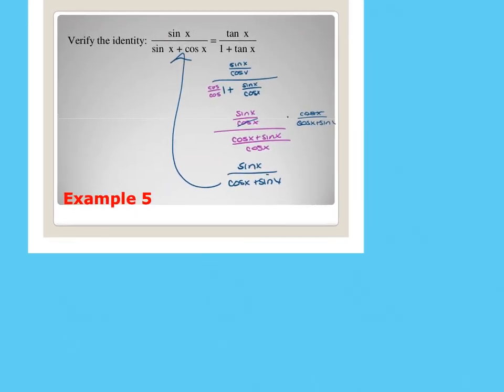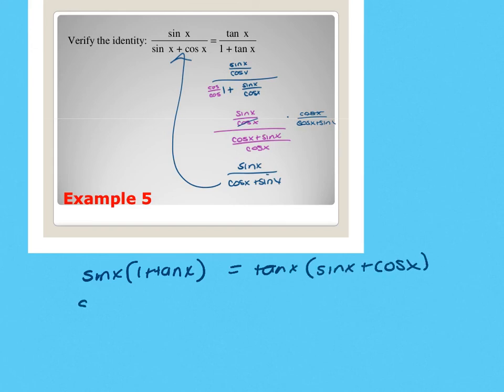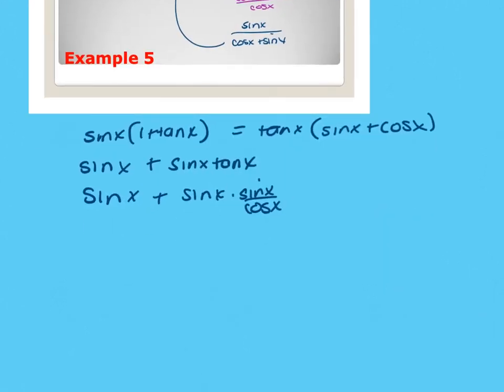So you could do sine of x times 1 plus tangent of x equals tangent of x times sine x plus cosine of x. I can make this sine of x plus sine x tangent x, sine of x plus sine of x times sine over cosine. And then I'd get sine of x plus sine squared x over cosine. You can make that into 1 by multiplying by cosine.